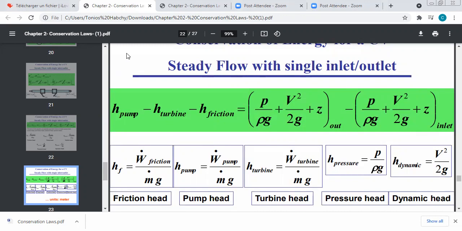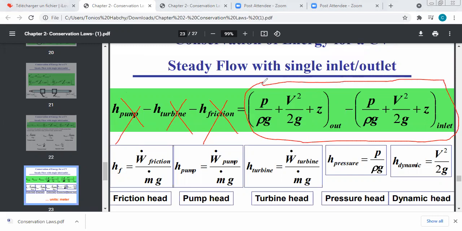Now look, what will happen if I don't have any device, any pump, any turbine, and I don't have friction, I don't have losses? I will obtain Bernoulli's equation. You are familiar with Bernoulli's equation.